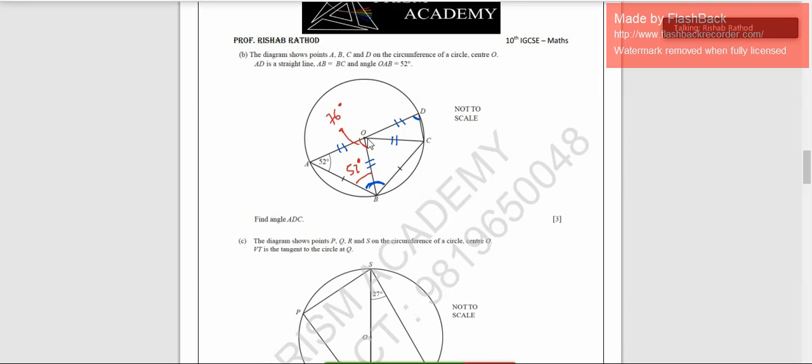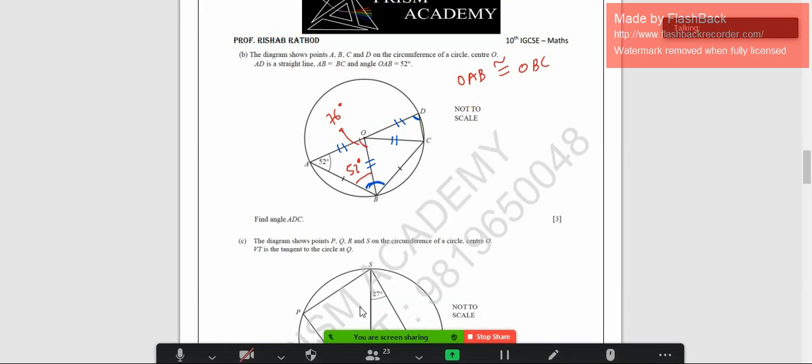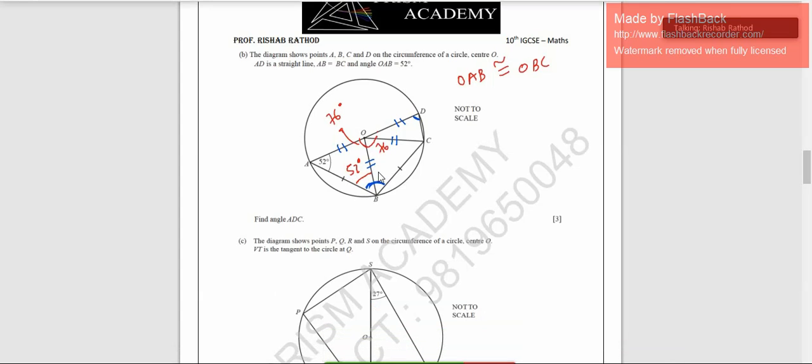Now remember, triangle OAB is congruent to triangle OBC, by the SSS test of congruence: side, side, side. So even this will be 76, this will be 52, and this will be 52. Okay, this entire angle is 104. So can I say, find angle ADC, let that be x.